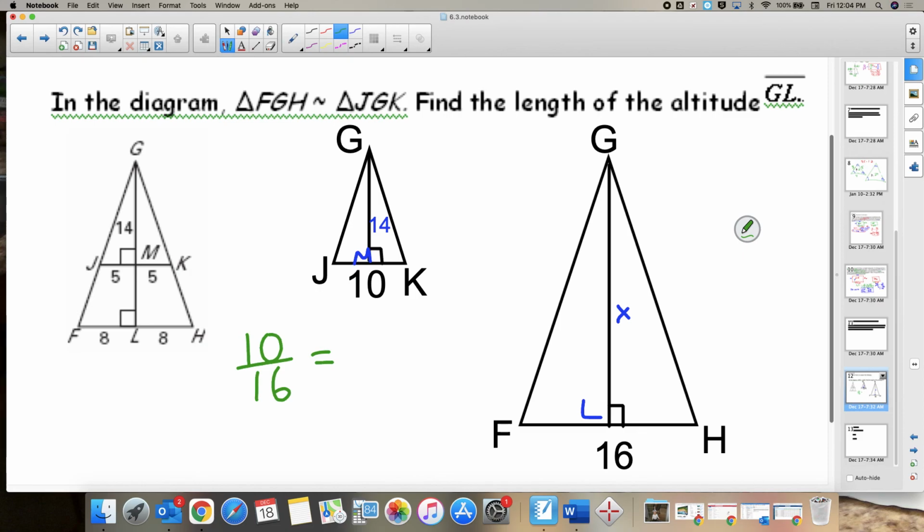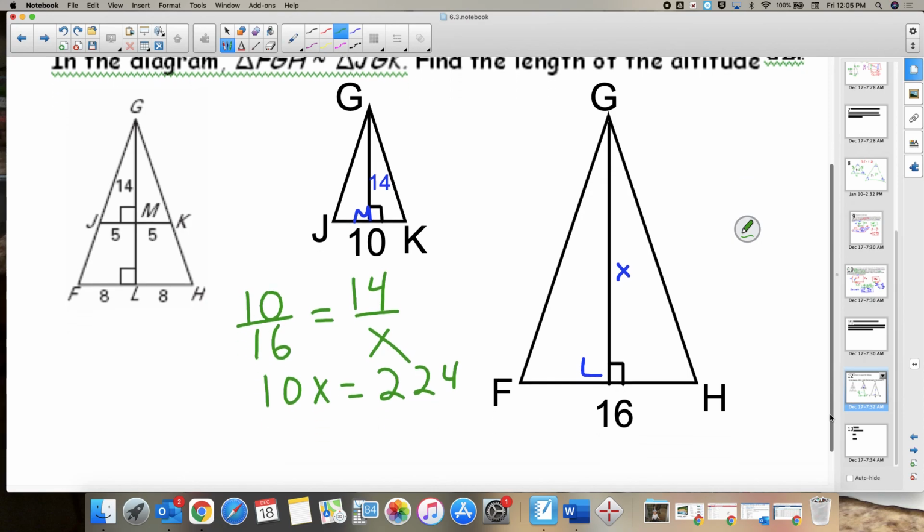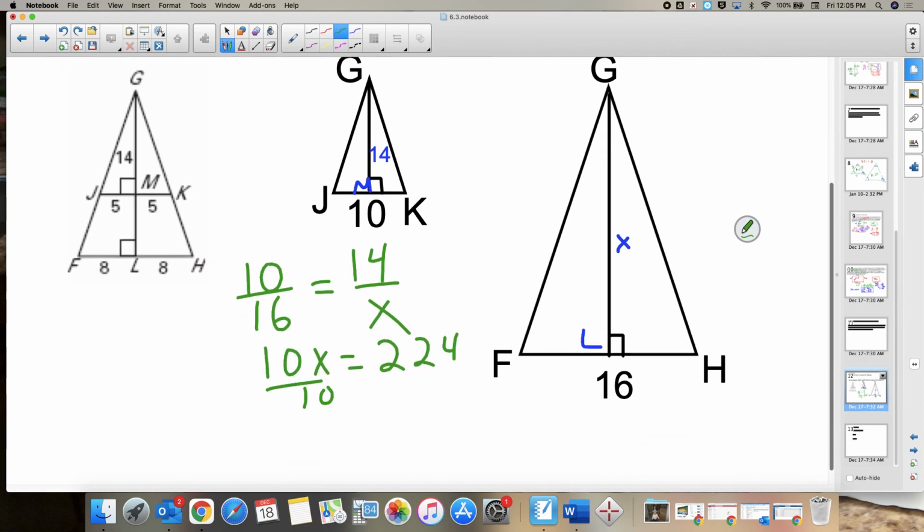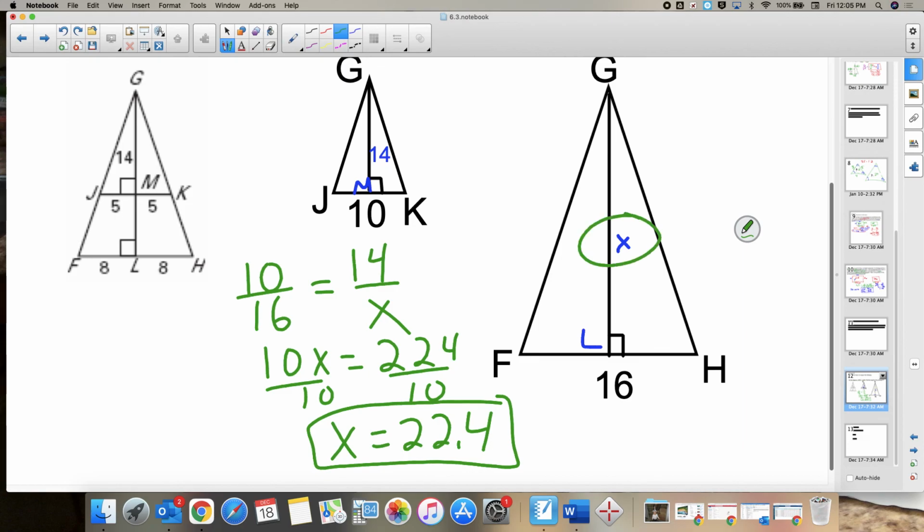The ratio of our altitudes are 14 to X. And once again, we'll go through and cross multiply. 10 times X is 10X. 16 times 14 gives us 224. So when we divide by 10, we get X to equal 22.4. And our X, that was the length of GL.